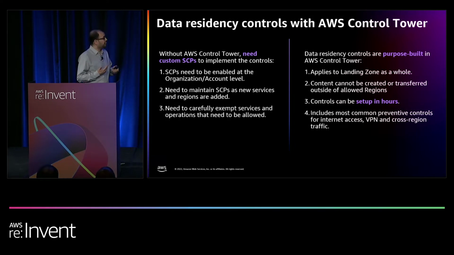In addition to the region deny, there are a host of controls available that prevent most common internet access issues. For example, disallow access to virtual private network, or disallow internet access from Amazon VPC. So all of these controls are baked in, and it can reduce the effort to put the region controls in to hours after some planning.